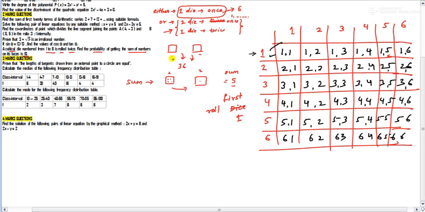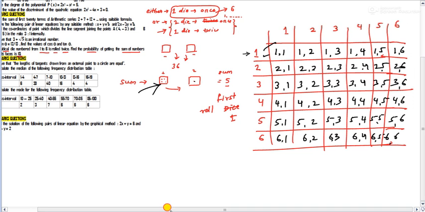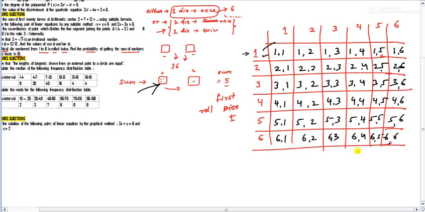This shows, for example, that in one dice we have got 4 and in the other 1. So after this table, the question has been asked: find the probability of getting the sum on its face as 10. So which are those two numbers where we have got a sum of 10? Always go diagonally.